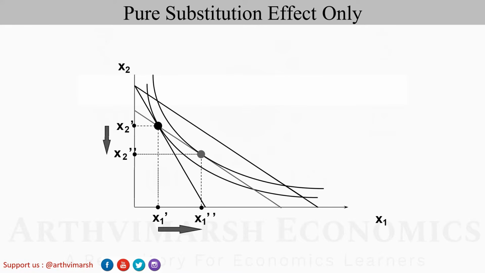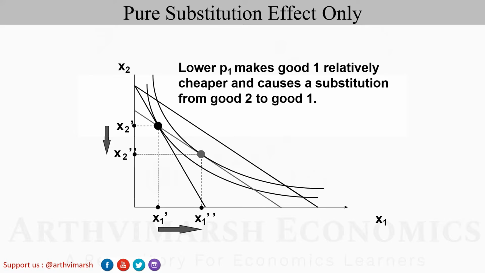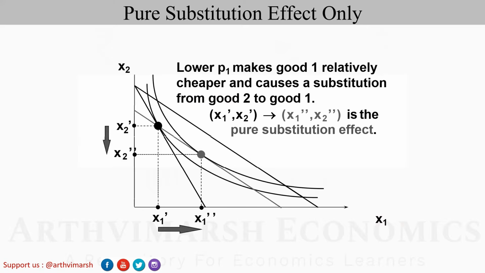Like I have already shown, your x1 is increasing and x2 is falling. The lower price of x1, which is p1, makes good 1 relatively cheaper and causes substitution from good 2 to good 1. This entire phenomenon is what we call the pure substitution effect.